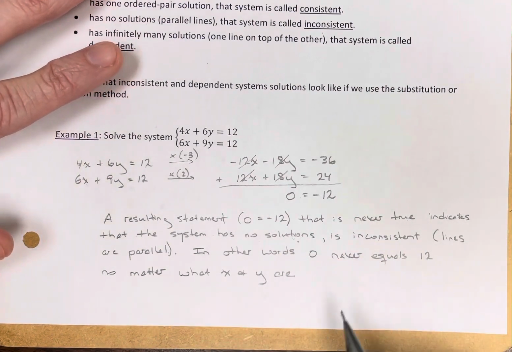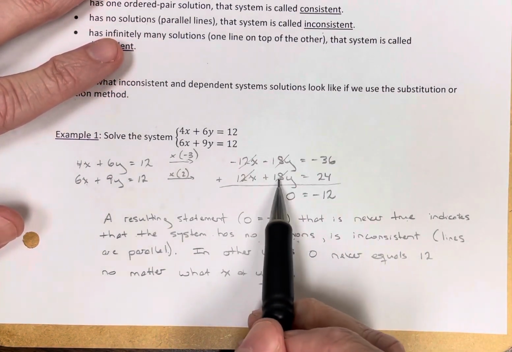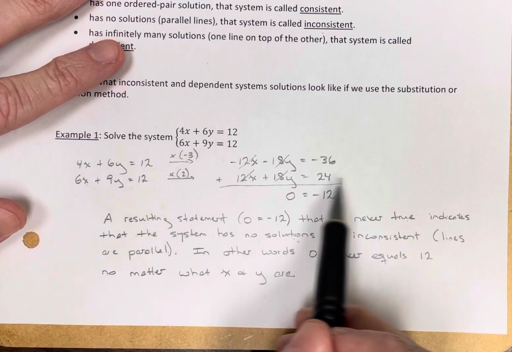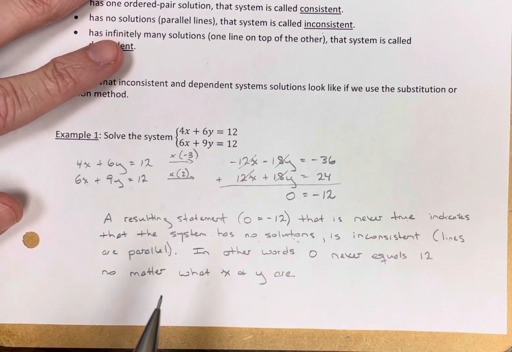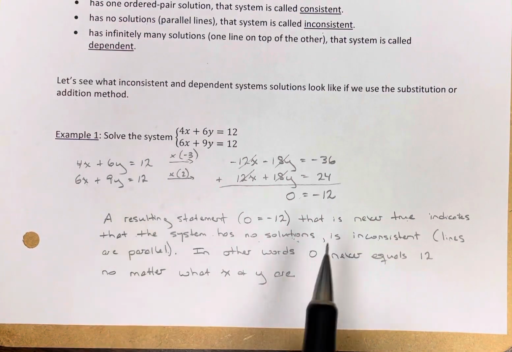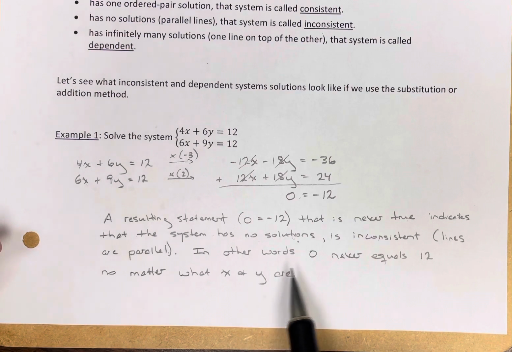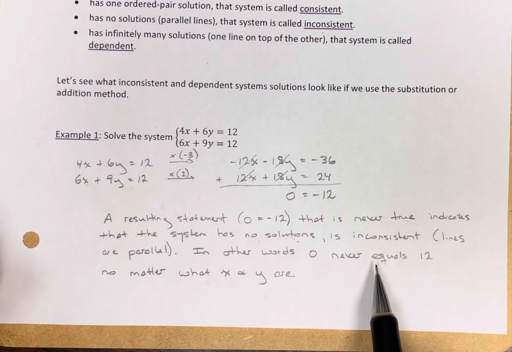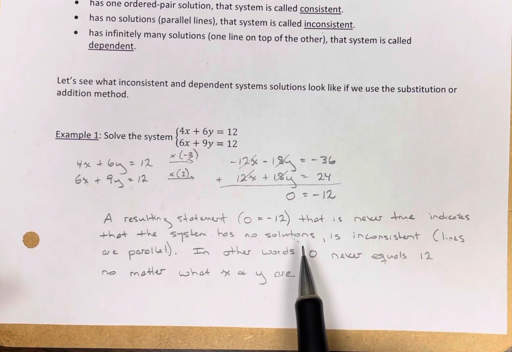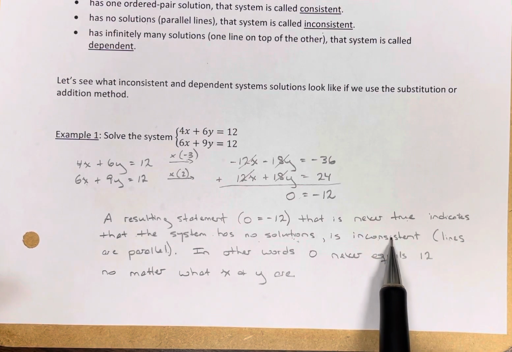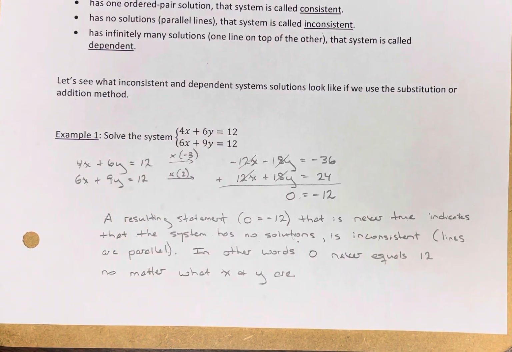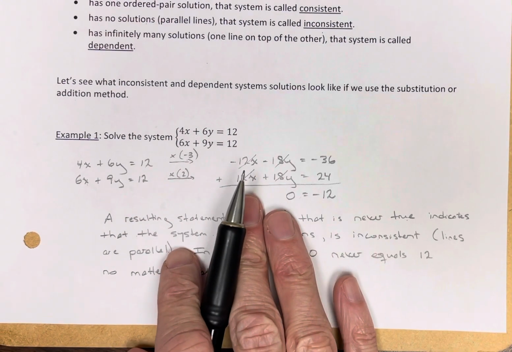Okay, pick any x value, any y value you want. You will get a statement that's not true. Okay, no matter what x and y are, you're going to get an untrue statement, and that indicates to you I have no solutions. It's inconsistent. The lines are parallel. Let's take a look at an example algebraically when we have a dependent system.